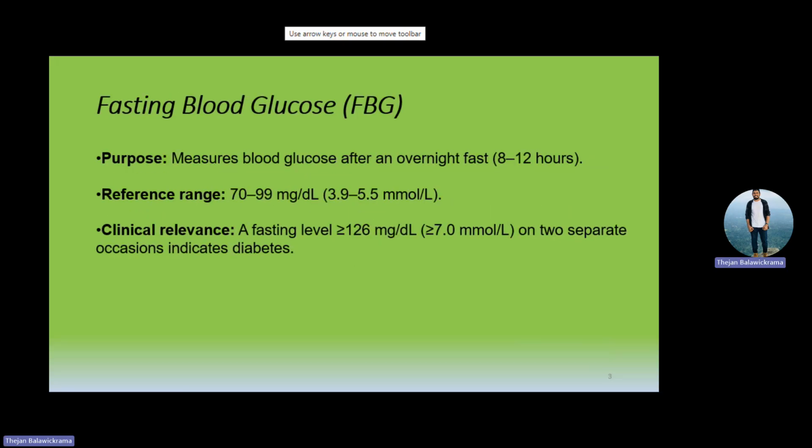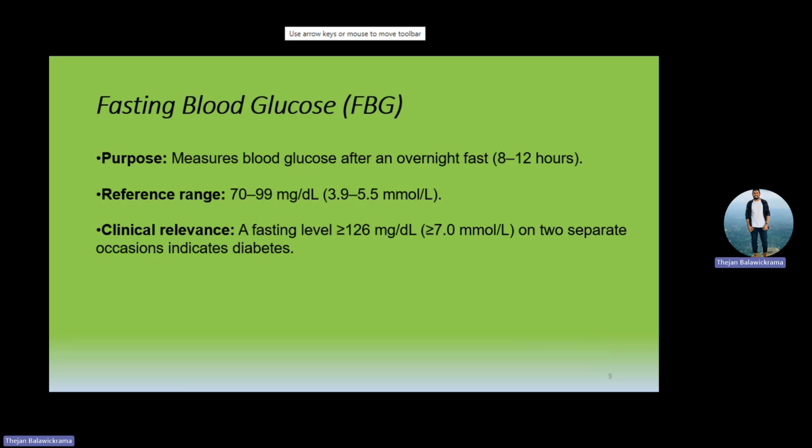So when it comes to blood tests, the blood sugar test is done in different ways. You have heard about fasting blood glucose, FBG, right? In that case, we have to wait for 8 to 12 hours without eating.